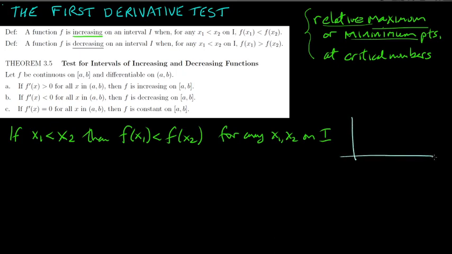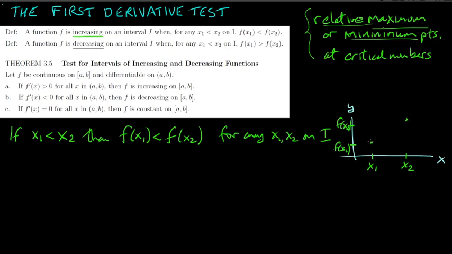Let's draw the graph here. We have our x and y plane, and we'll call this x1 down here, and then x2 has to be bigger than x1, and f of x1 is here, and then f of x2 has to be bigger than that, so that's up here. So here's one point on the graph, here's another point.